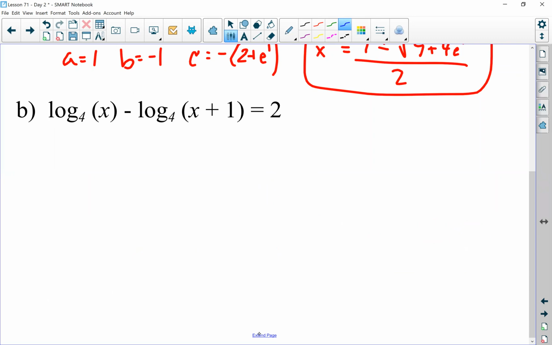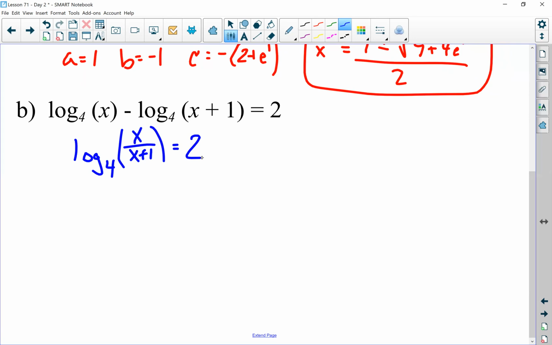So I'm going to use the fact that I have subtraction, and subtraction of 2 logarithms of the same base means I can take the first logarithm and divide it by the second. That sound familiar?